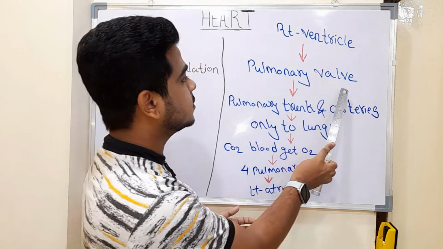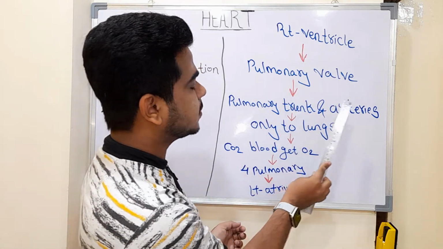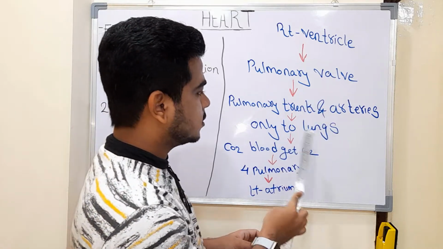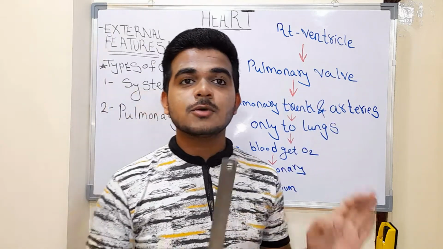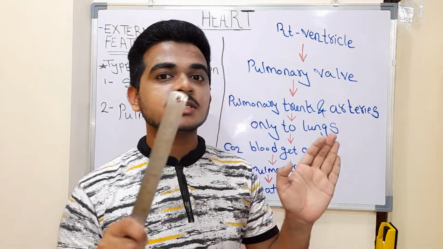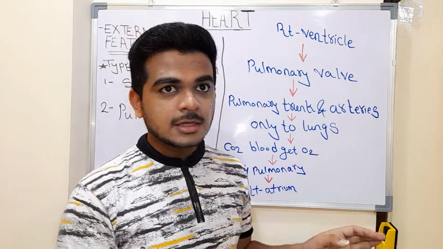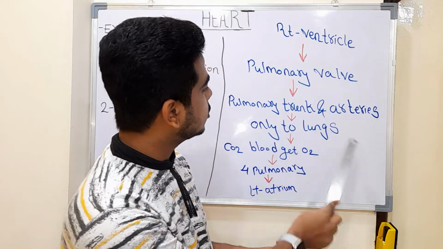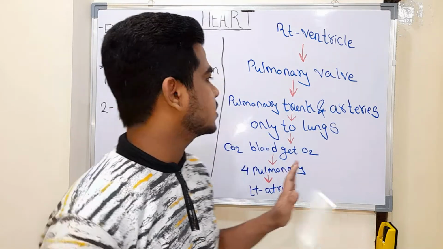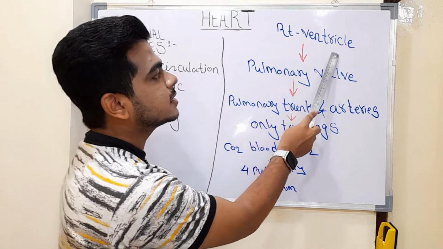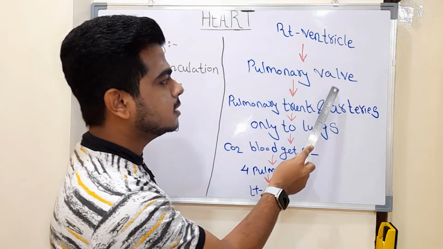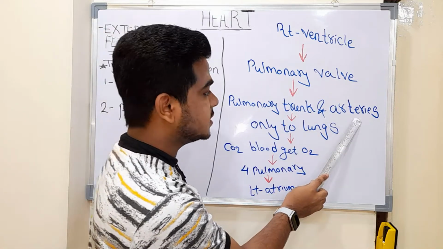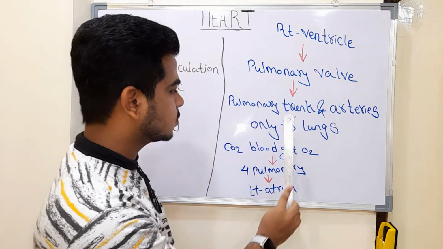From the pulmonary valve, through the pulmonary trunk and pulmonary arteries, deoxygenated blood goes only to the lungs, from station heart to station lungs. That's why it is written here only lungs, not to the body.